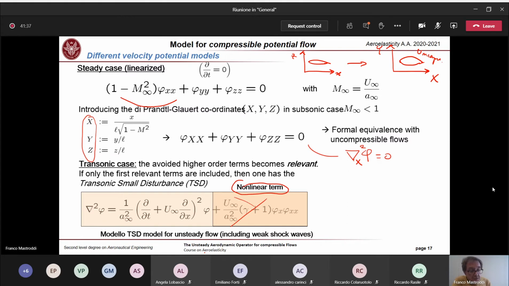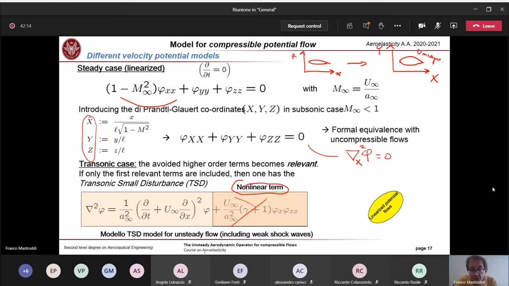And for this reason, sometimes it is possible to consider potential flow, including the shock wave effect, but you are not obliged to include all the nonlinear terms. You can also include the first order nonlinear term in order to have a first order description of your shock wave, like, for example, weak shock wave. Okay.